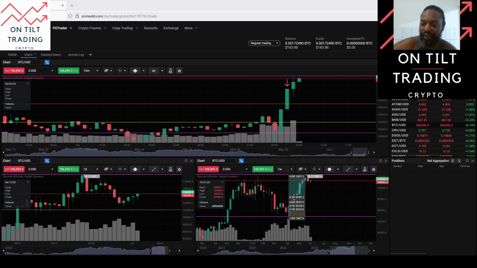Also, within this I'm potentially seeing an order block out of this candle here, and then being validated by this candle here that broke out, which created a market structure shift.